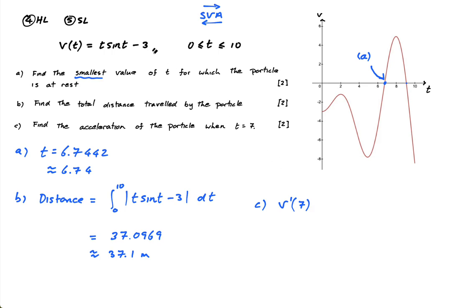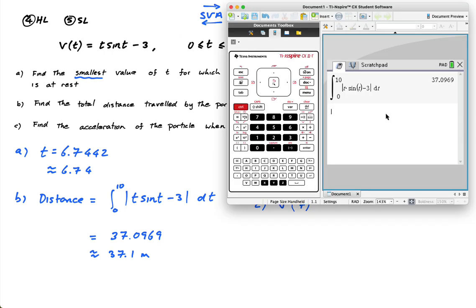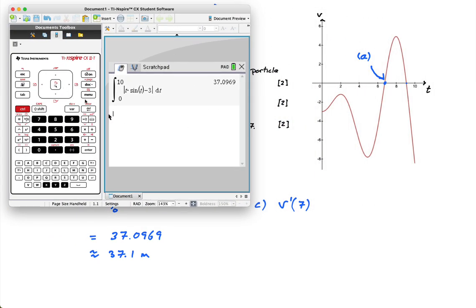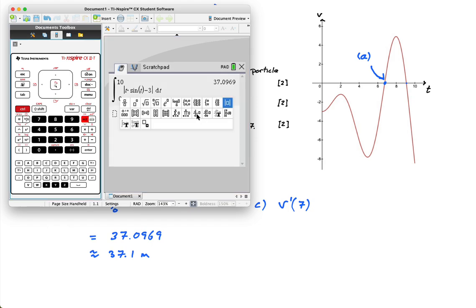Now you could, guys, differentiate this and sub in 7, but remember, it's paper 2. You have a calculator. It's far easier to just literally use it. Well, I can go to here and use the derivative.